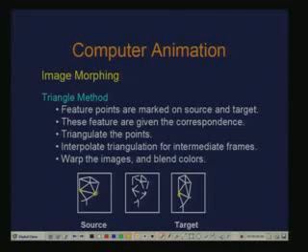This point corresponds to this point, and this point corresponds to this point, fine. And we obtained the intermediate frame like this. So this point is basically an interpolation from this point and this point, right? Similarly, this point is an interpolation from this point and this point.